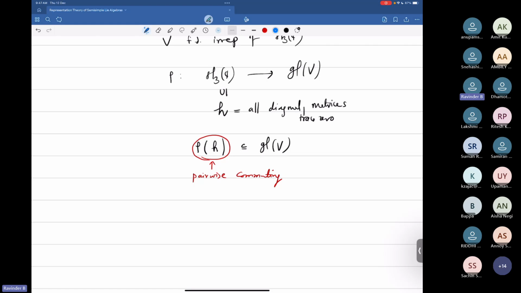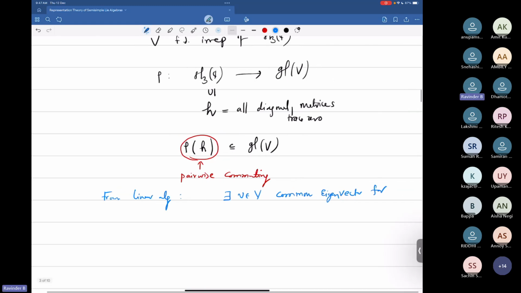This is an easy observation from linear algebra, which tells you that there is a vector v which is a common eigenvector for every element of rho(h). It's just done for two cases, then you will know how to do it for other cases. Any commuting matrices have a common eigenvector over the complex numbers.